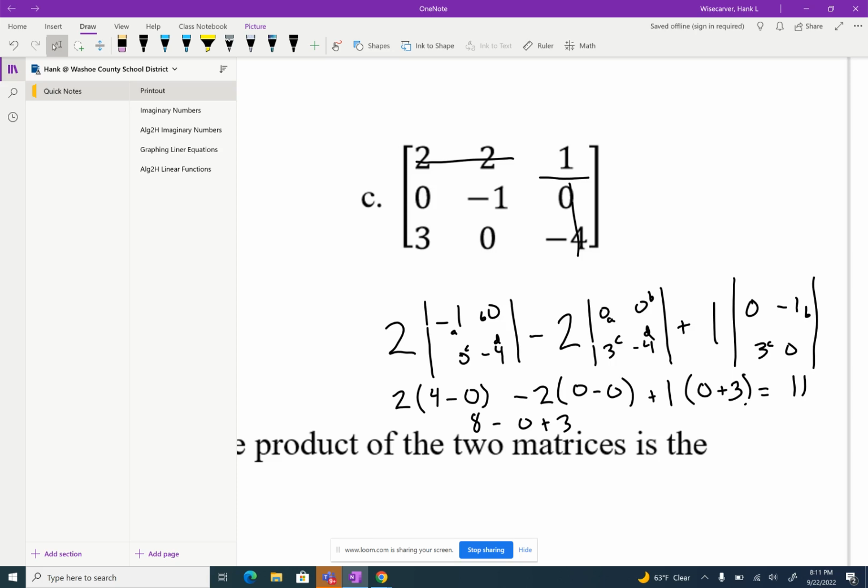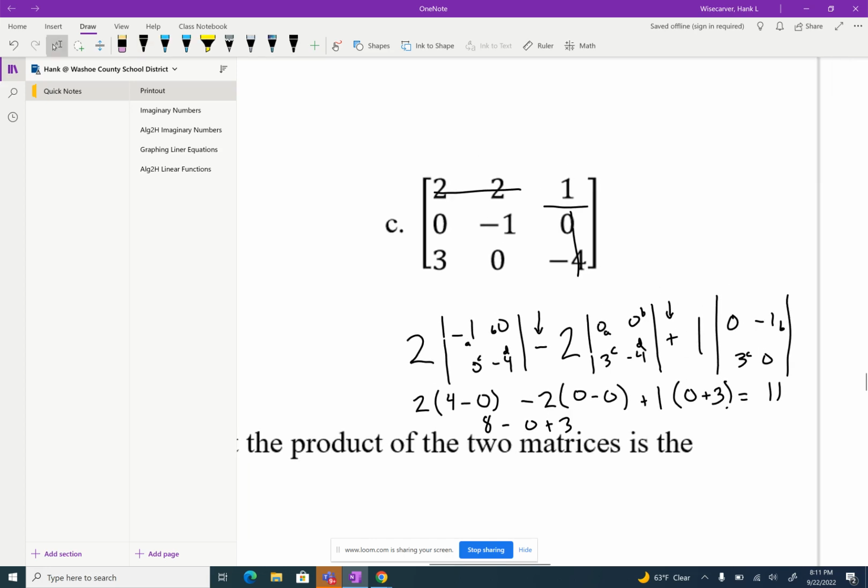You always use the top numbers as scalar multipliers and the bottom numbers as different configurations of a 2x2 determinant. The one thing that's not readily seen, I guess, is this is always going to be subtraction, and this one is always going to be addition. Okay, so between the first two determinants is going to be subtraction, and the second two determinants is addition.